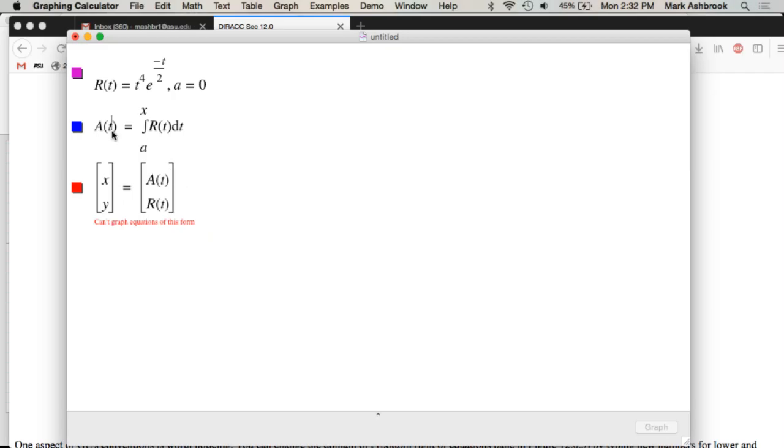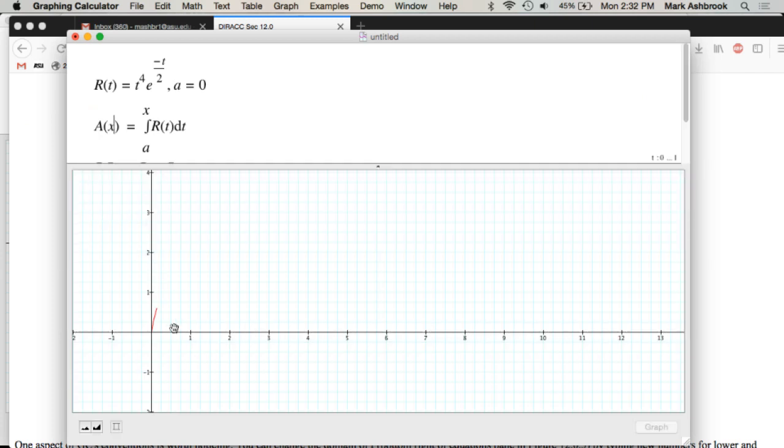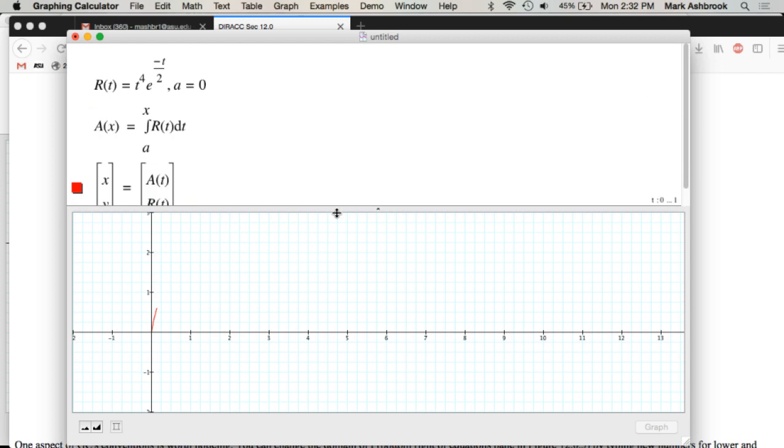Right, this needs to be x. There we go. Okay, so we needed our independent variable to be the top limit of integration. Okay, so now I think we got it. There we go.